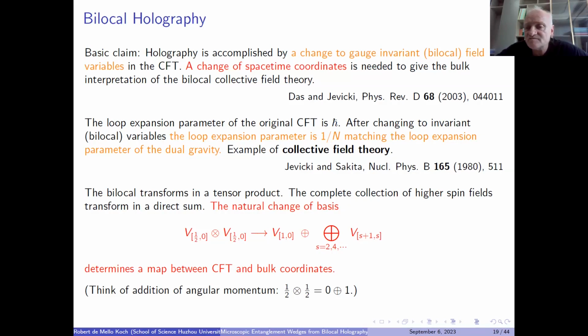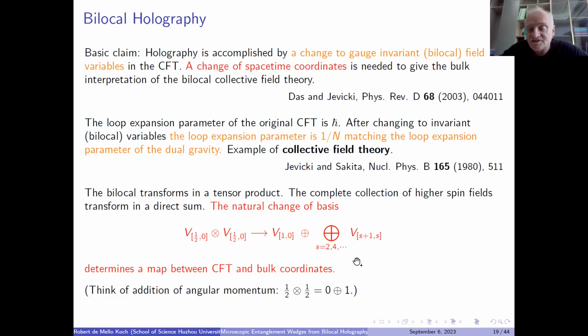Why do we need the change of space-time coordinates? Well, the scalar field phi a itself of the CFT transforms in an irreducible representation of the conformal group. So the bilocal, which is a product of two scalar fields, is in a tensor product of representations. This tensor product is reducible, and this direct sum shows you what representations you get.